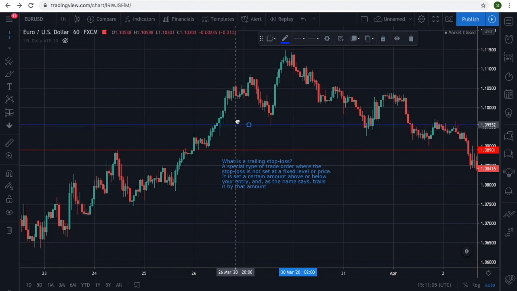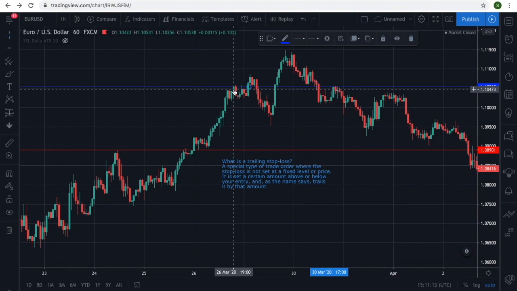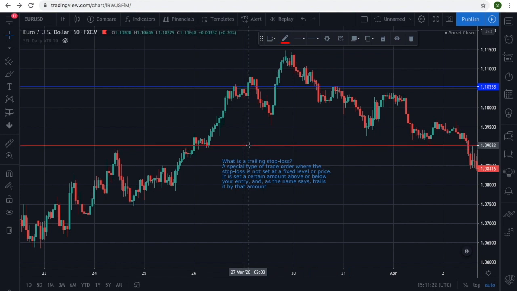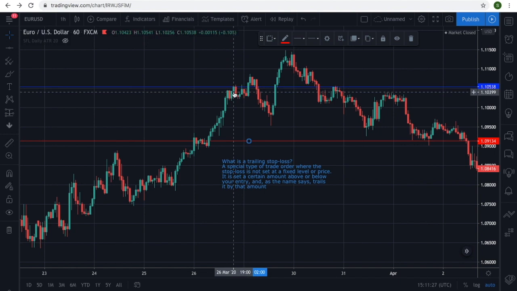Now, when price gets up to here, let's say the close of this candle on the 26th at 7 PM, our trailing stop will do as the name says, it will trail it. So originally it was 47 pips below, so the close of this candle is at 110.53.